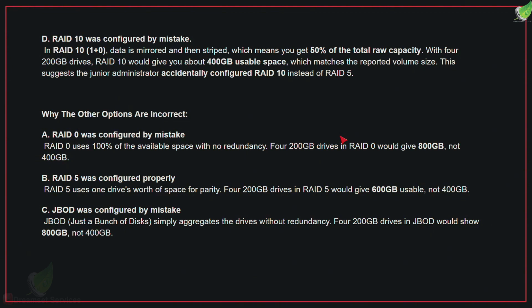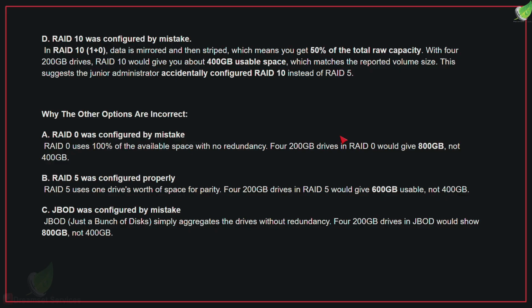A. RAID 0 was configured by mistake. RAID 0 uses 100% of the available space with no redundancy. 4 200 GB drives in RAID 0 would give 800 GB, not 400 GB. B. RAID 5 was configured properly. RAID 5 uses 1 drive's worth of space for parity. 4 200 GB drives in RAID 5 would give 600 GB usable, not 400 GB.